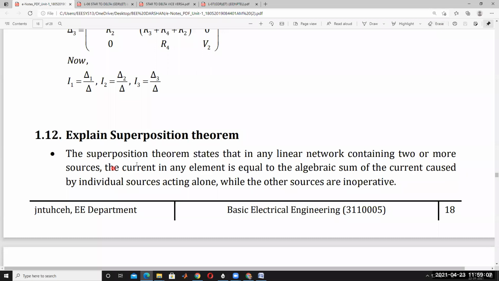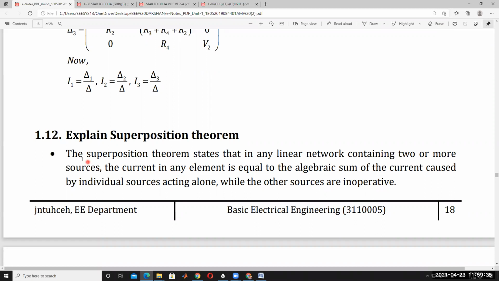Superposition theorem. The superposition theorem states that in any linear network containing 2 or more sources, the current in any element is equal to the algebraic sum of currents caused by the individual sources acting alone, while the other sources are inoperative.